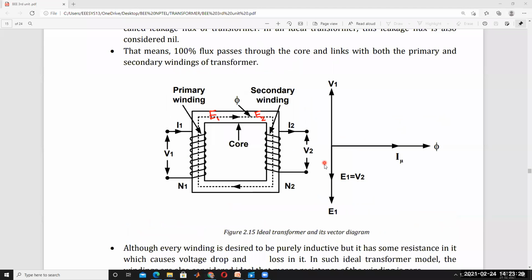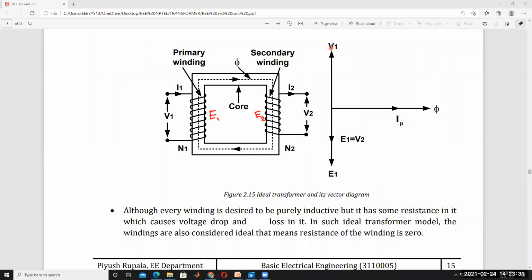So V1 is here, and E1 and E2 are here. According to Lenz's law, the effect opposes the cause. That's why this counter EMF always opposes V1, so they are 180 degrees out of phase.